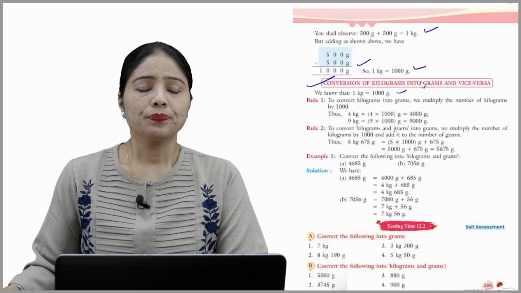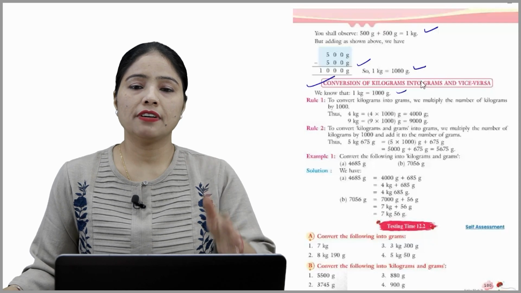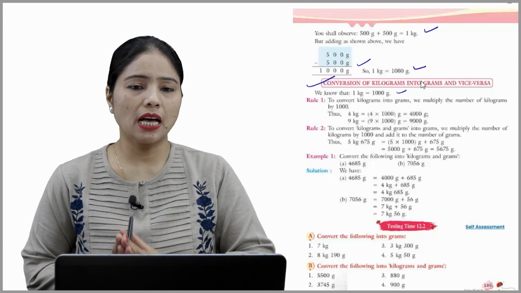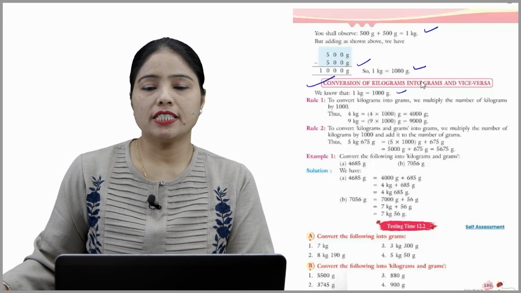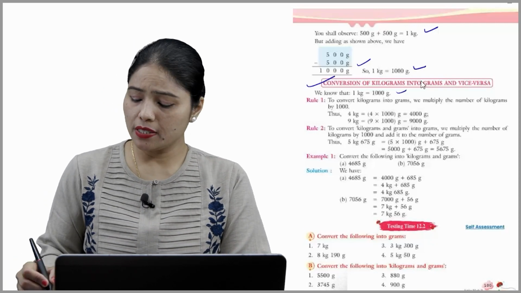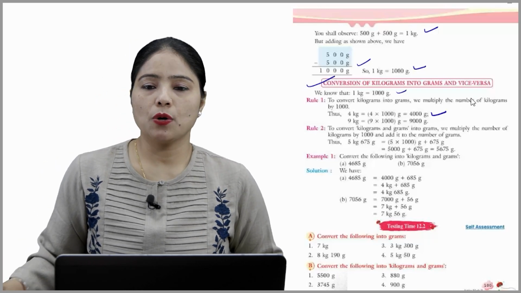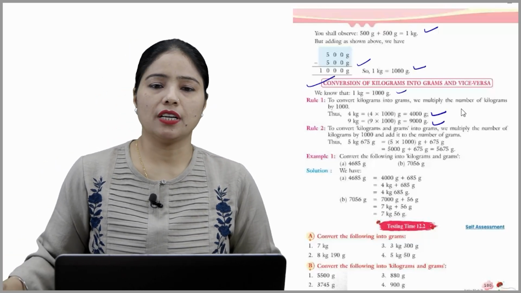We know that. So rule number 1, to convert kilograms into grams, we multiply the number of kilograms by thousand. Thus 4 kg means 4 into 1000. That means 4000 gram. 9 kg means 9 into 1000, means 9,000 gram.